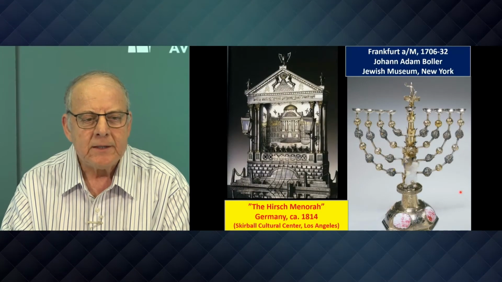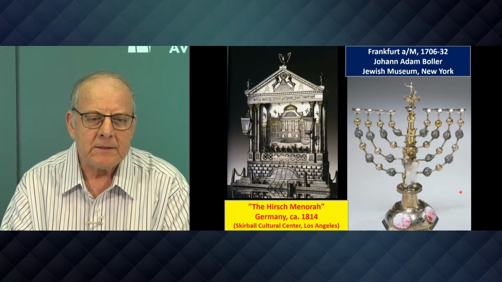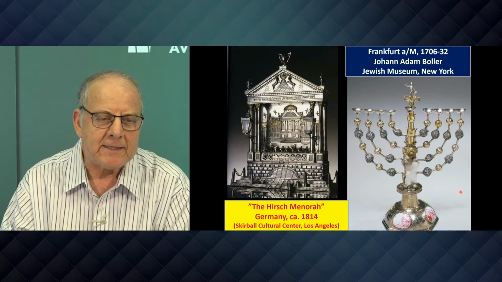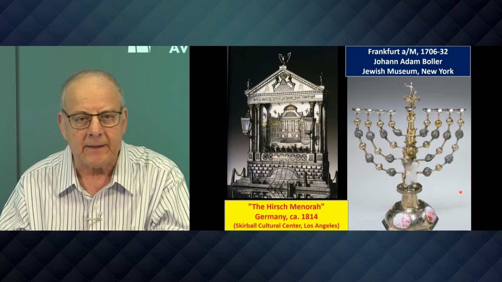It was created at the beginning of the 19th century, still with the nostalgia of Oppenheim, someone thinking about the past more, although the design is already 19th century. Let's see a detail of that.